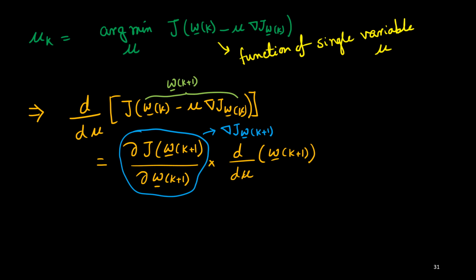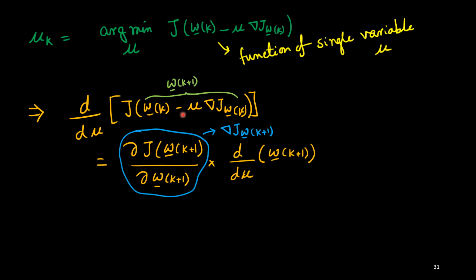Okay, and what is this one? So now I need to take derivative. This is not a partial derivative, it is a simple derivative, because wk plus 1 is simply wk minus mu times the gradient. So this is a simple function. Okay, so wk is constant independent of mu, so this derivative is 0.